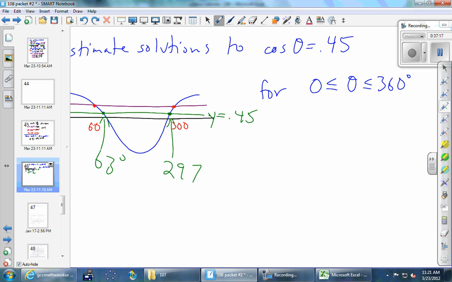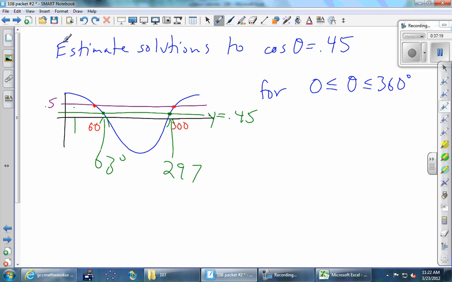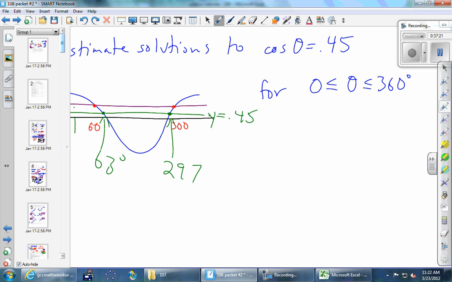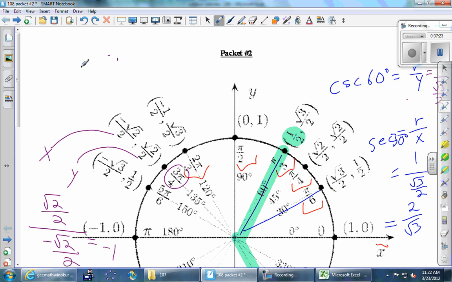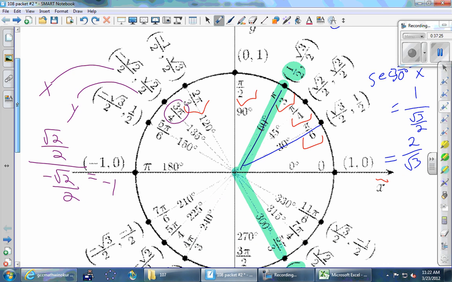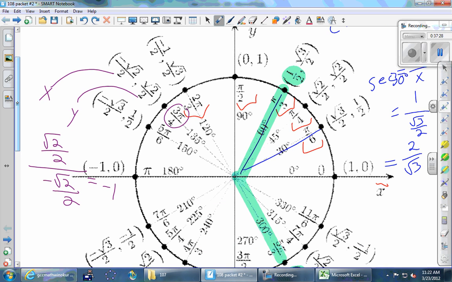But I'd also like you to be able to use that unit circle and come up with the same conclusion here. We've already seen the x-coordinate is half right here. So this is at 0.5, 60 degrees. So if I'm doing 0.45, where is x equal to 0.45? Left or right of this?